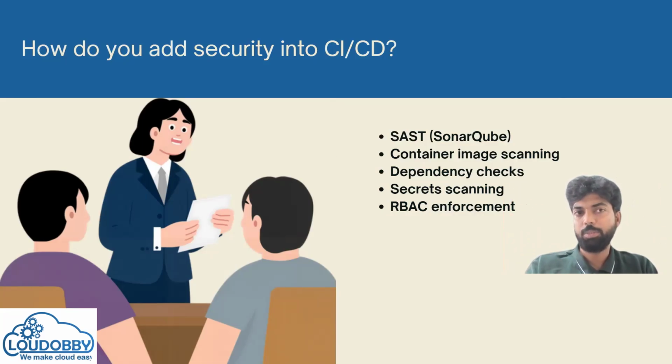For example, SonarQube will check the code quality, like if some comma is wrong, or environment variables, OS modules, and all the vulnerabilities. If something is critical, it will create a report that the developers have to remediate.